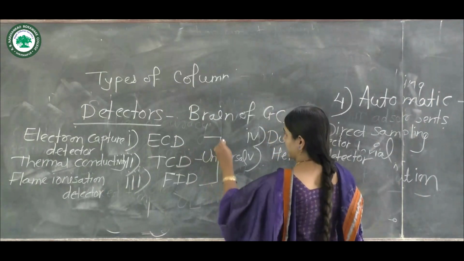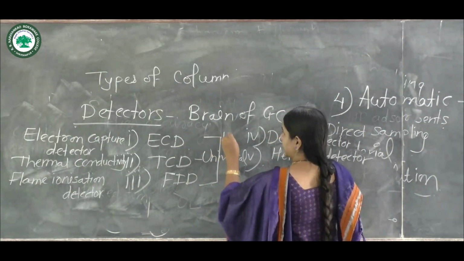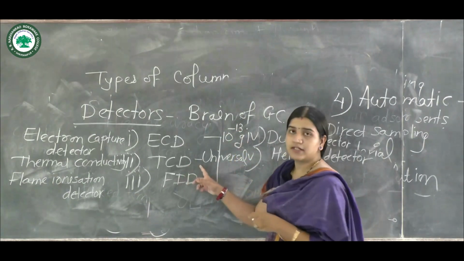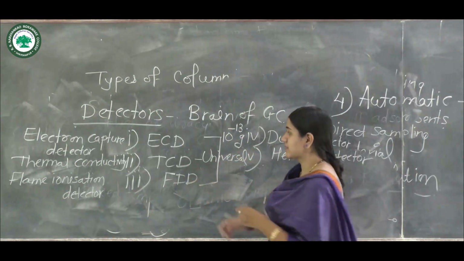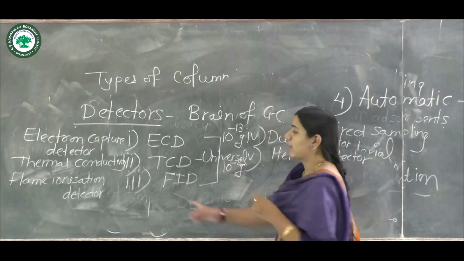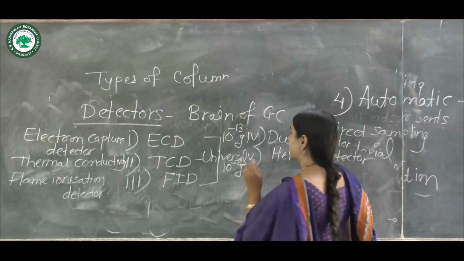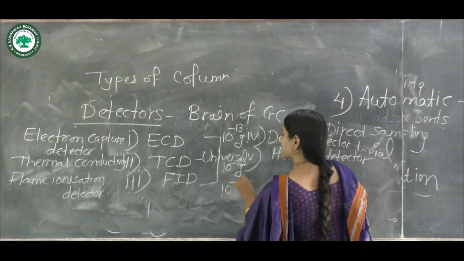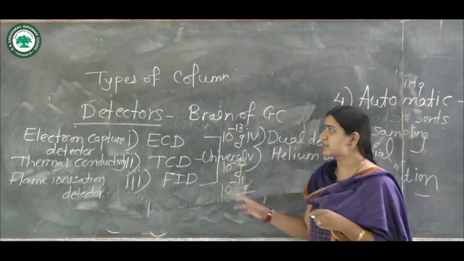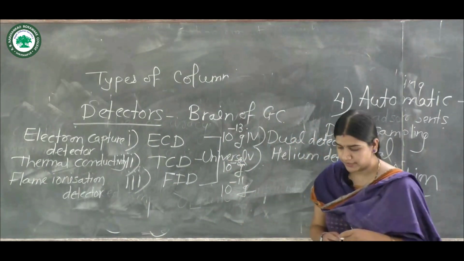The ECD has a sensitivity in the range of 10⁻¹³ gram. The thermal conductivity detector has a sensitivity in the range of 10⁻⁸ gram, while the flame ionization detector has a sensitivity in the range of 10⁻¹¹ gram. So this is about the sensitivity of the detectors.